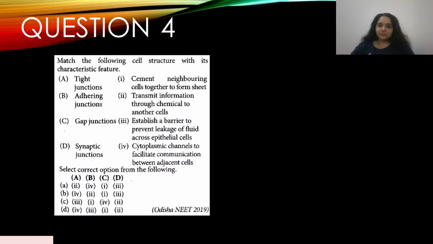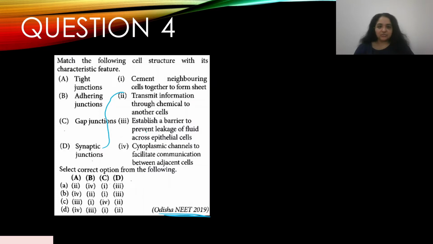Okay, question number 4. Match the following cell structure with its characteristic feature. This appeared in Orissa NEET 2019. So you have tight junctions, adhering junctions, gap junctions, synaptic junctions. Cement neighboring cells together to form sheet; transmit information through chemicals to another cell, that's synaptic.